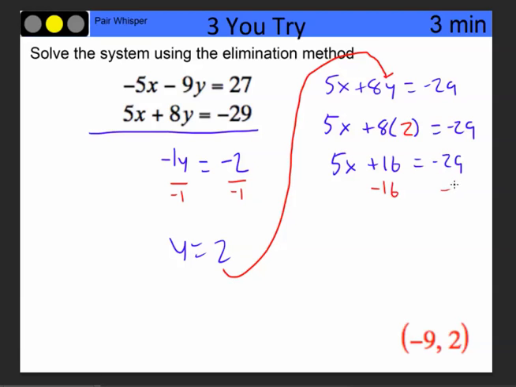Going to subtract 16 from both sides. So we have 5x equals -45. Divide both sides by 5. x equals -9. So just like I said, the solution is (-9, 2). So we can eliminate either x's or y's. In this case, I eliminated the x's because the coefficients were the same but opposite sign.